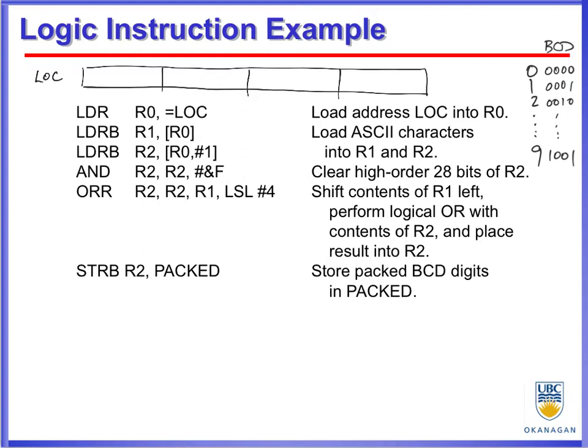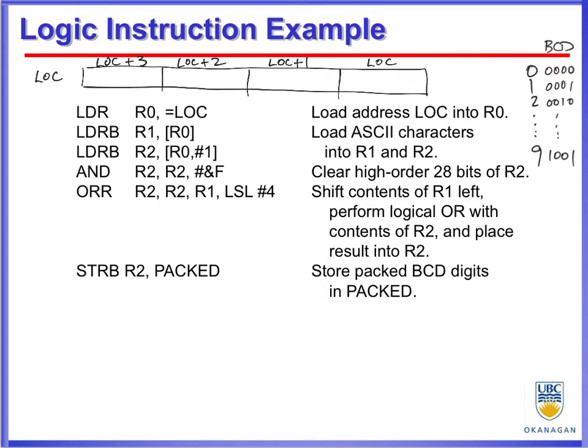Let's assume that the least significant byte of this word has the address LOC, the next one has LOC plus 1, the next one has an address of LOC plus 2, and LOC plus 3. So each one of the bytes in that memory word has its unique address.